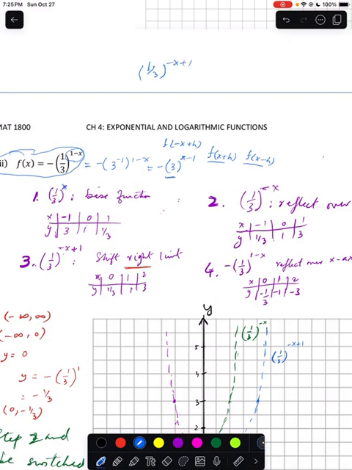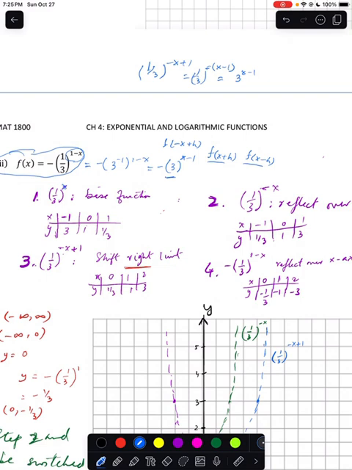You can now say 1 over 3 raised to the power of negative times x minus 1. Now this negative you can apply on 1 over 3 and you get 3 to the x minus 1. Same thing as I did before.